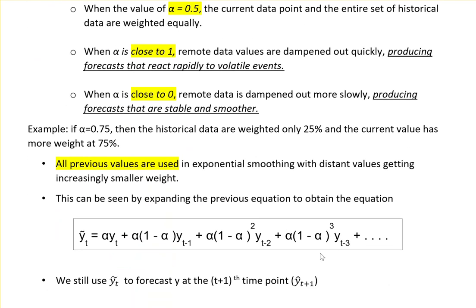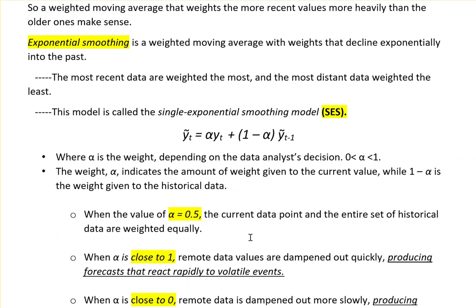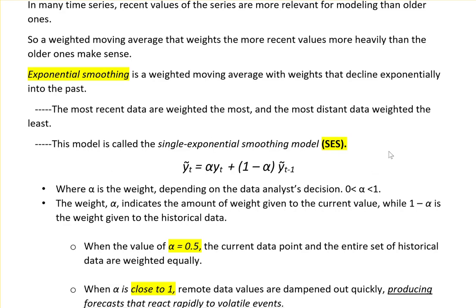The original formula looks different, and after some calculation and simplification, it changes to this. This is how you calculate the estimated value at time t.